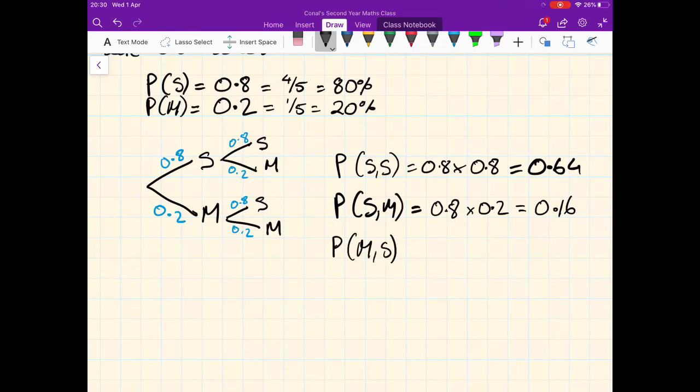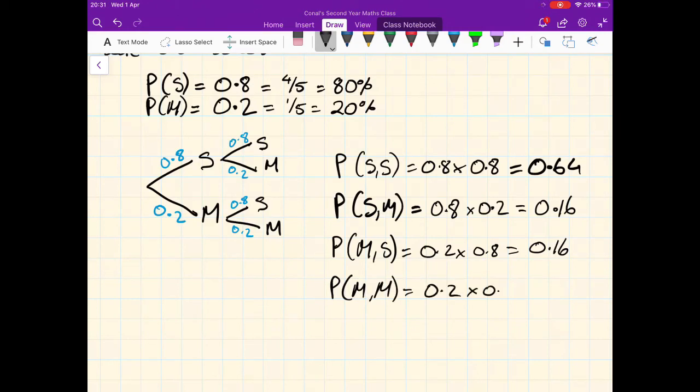Then we have the probability that he will miss and then score. So again, we look along the line. So we have that he misses and then he scores. So that's 0.2 by 0.8. I'm sure we'll notice, will give us the same answer, so that'll be 0.16.